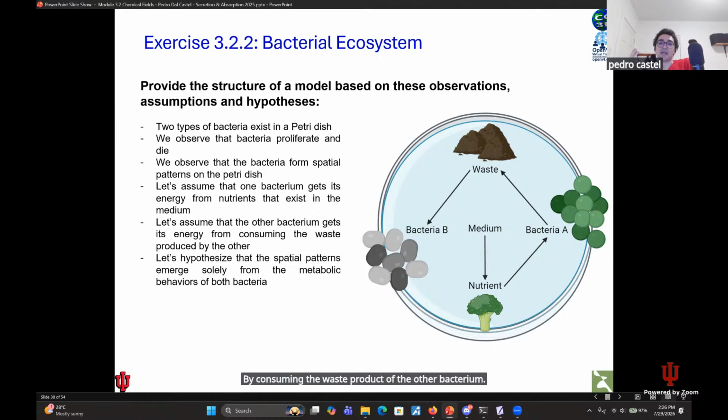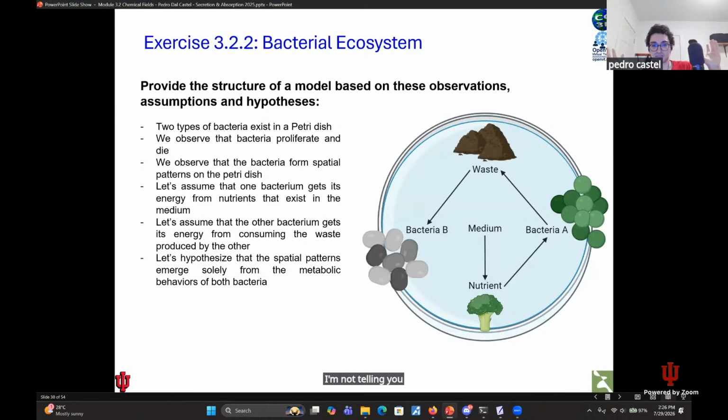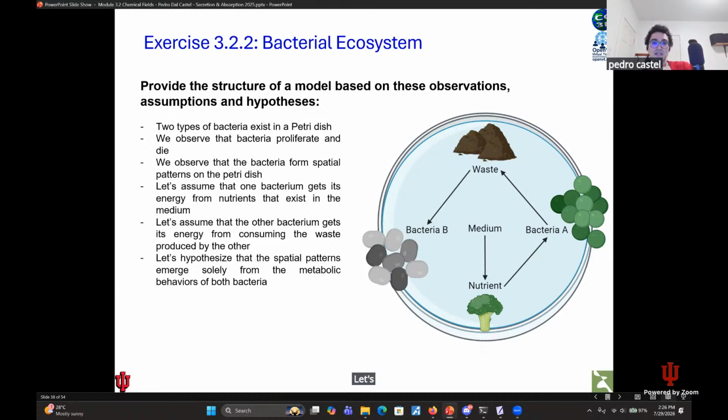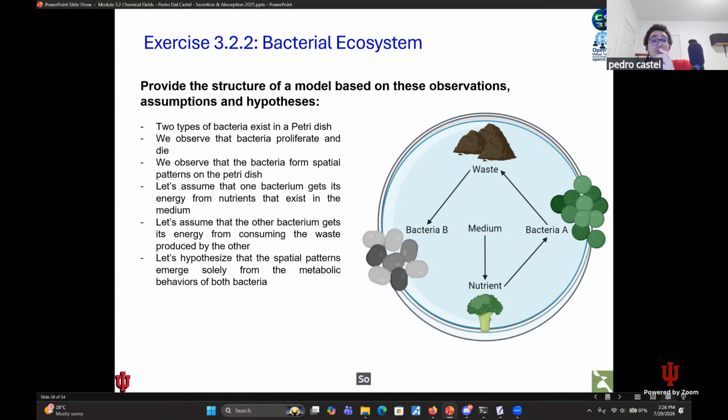Now let's come up with a hypothesis. Let's hypothesize that the spatial pattern we observe, I'm not telling you what the pattern is because that's a spoiler. Once you build the simulation, you'll see it. Let's hypothesize that this pattern emerges solely from the metabolic behavior of both the bacteria. So not from adhesion.